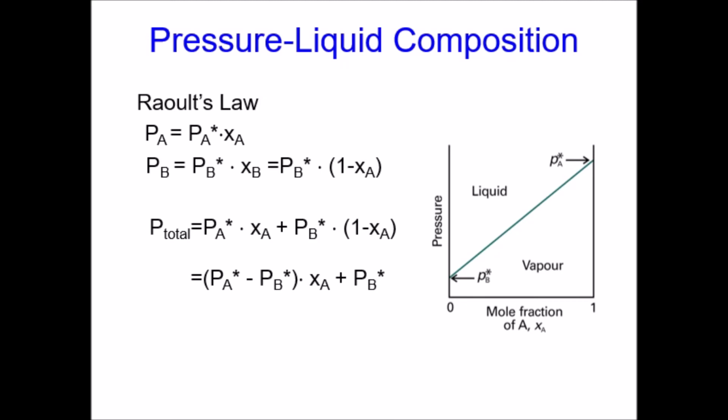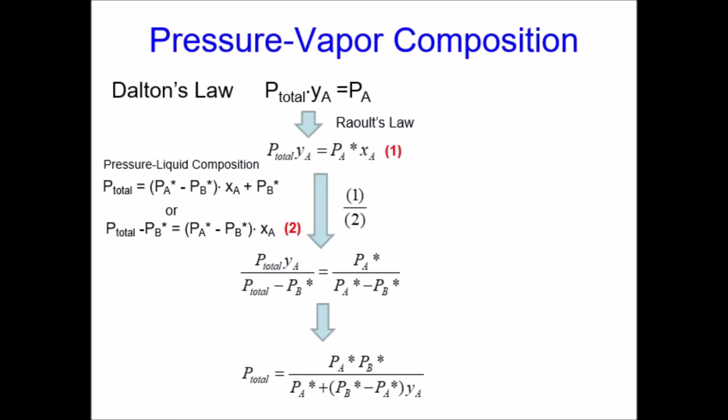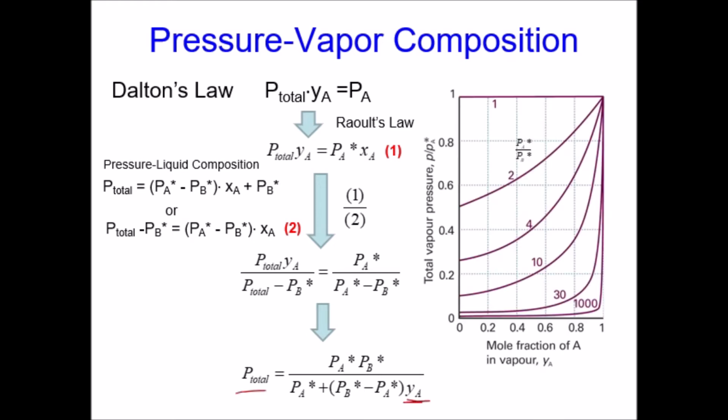That is the pressure liquid composition line. By using Dalton's law combined with Raoult's law, eventually we can derive the equation to express the total pressure as a function of YA. Plot it, and that is the pressure vapor composition curve on the pressure composition phase diagram.